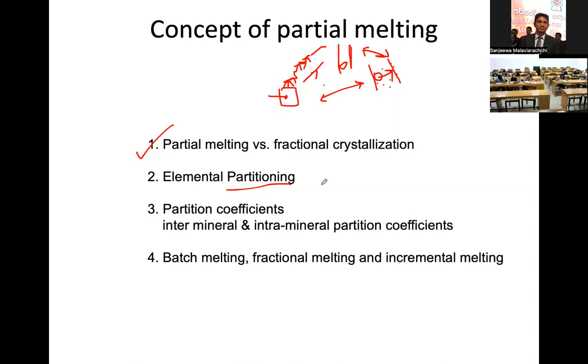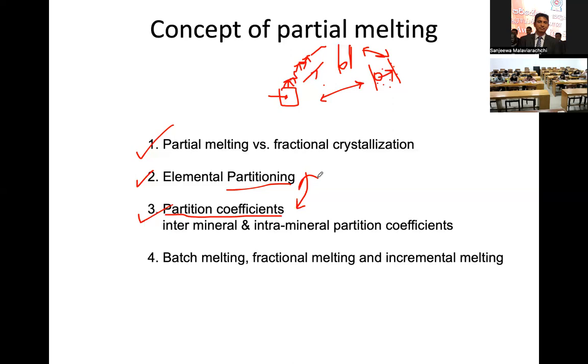And then there is another requirement which we call partition coefficients. These partition coefficients are always associated with this elemental partitioning. To partition, these partition coefficients should be suitable between the two phases, right?